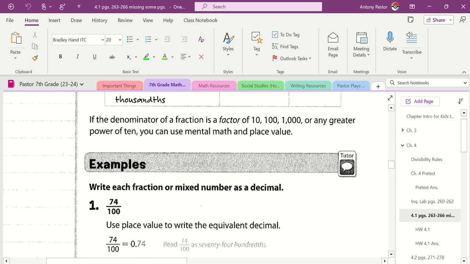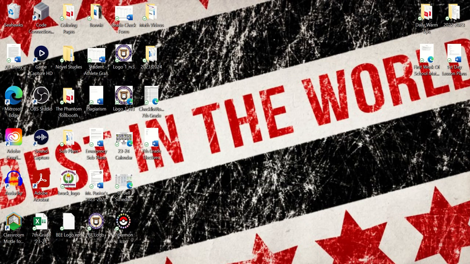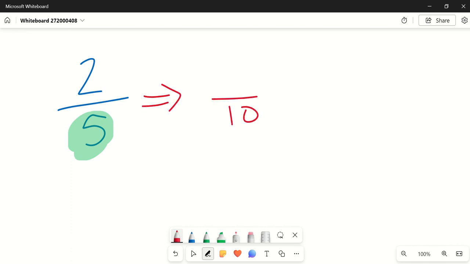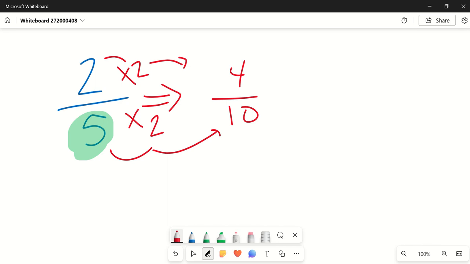If it's something different, like say I have 2/5, if you can change the denominator to be one of those, for example, I can change 5 to become 10 if I multiply it by 2. 5 times 2 would equal 10, which means I need to do the same thing up here. So this would be 4/10, or 0.4. That's one thing you can do. You can convert it to be a 10, 100, 1,000, 10,000, whatever.